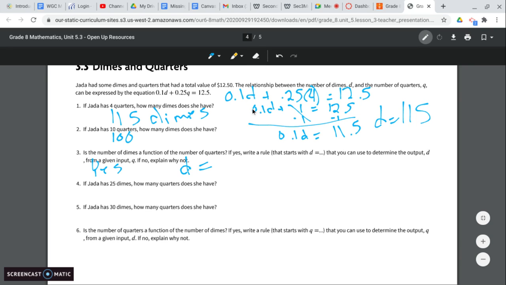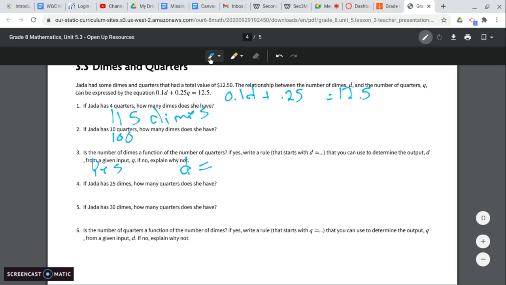So I'm going to erase what we have here, and change that right there to just our Q. So we would subtract the 0.25 Q from both sides.